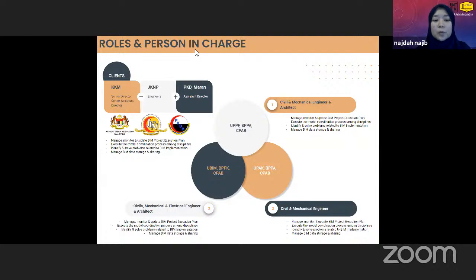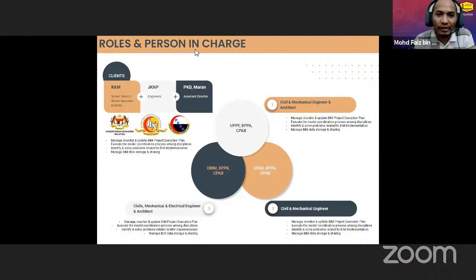But for this project, the updating of information in LOD in the model is done by JKR ourselves, because it's a pilot project and we're still learning from that project lah. So you guys should know that before submitting, you need to have a clear picture of the person in charge lah.